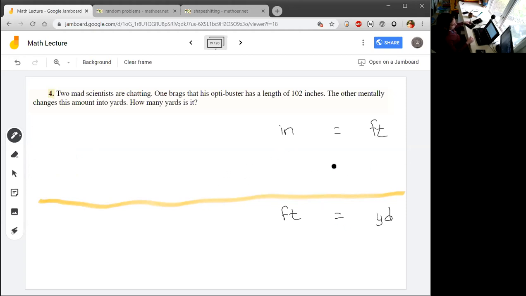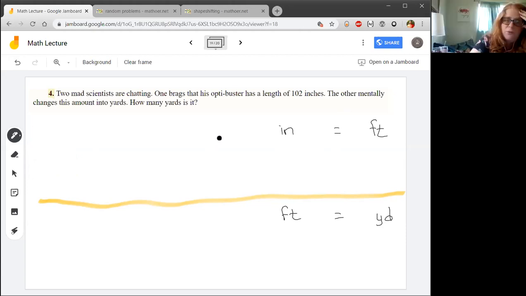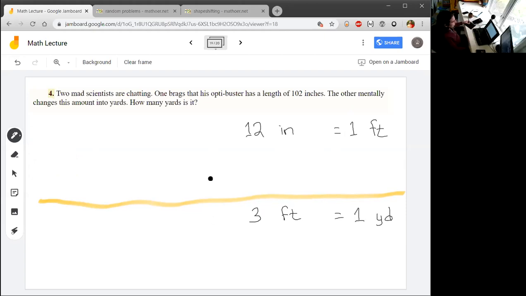So what numbers do I put in my conversion rates? We need those before we start on our actual problem. So 12 inches in 1 foot, and I think you said 3 feet in 1 yard. 3 feet in a yard, yeah.